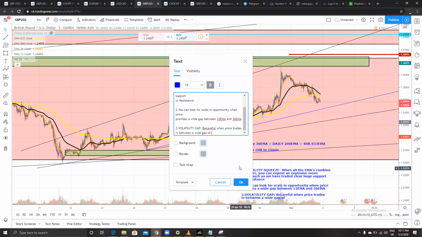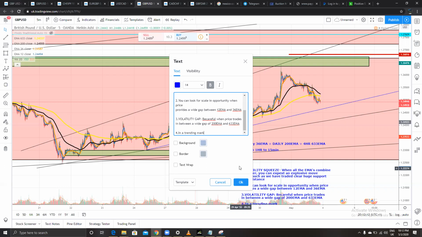Probably the keys. It's a wide gap. Volatility gap.